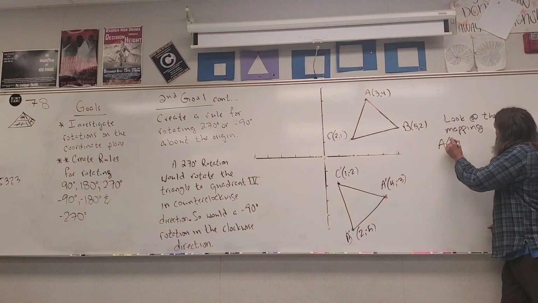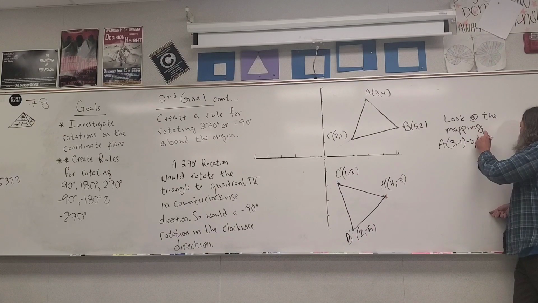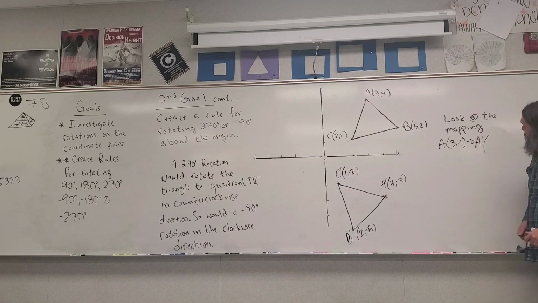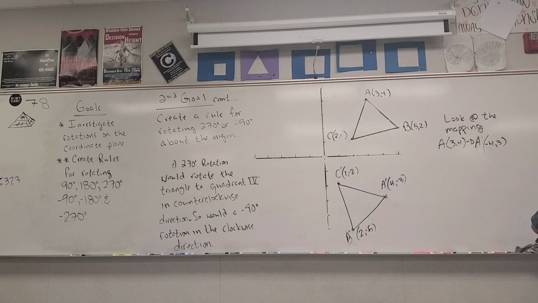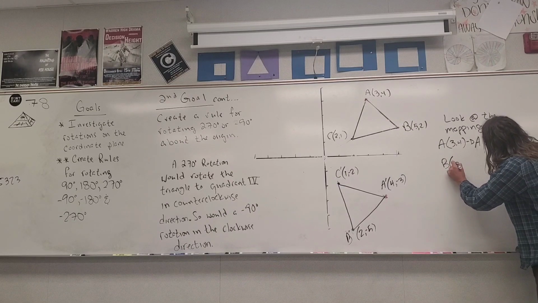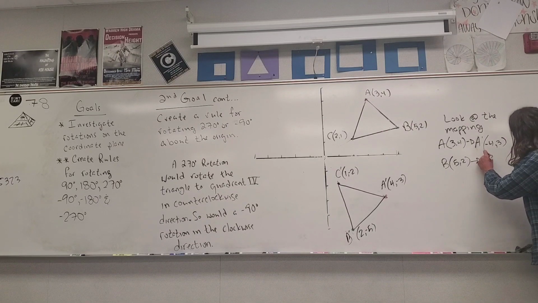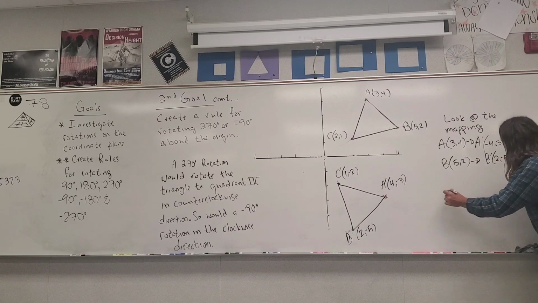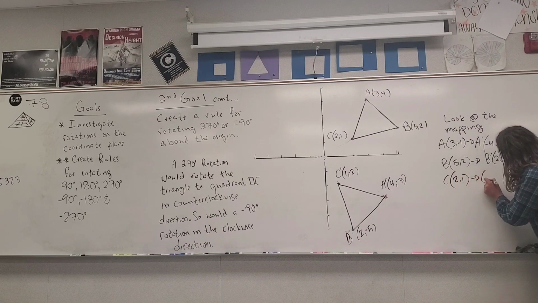So A, which is 3, 4, maps to A prime, which is -4, 3, and B, which is 5, 2, maps to B prime, which is 2, -5, and C, which is 2, 1, maps to C prime, which is 1, -2.